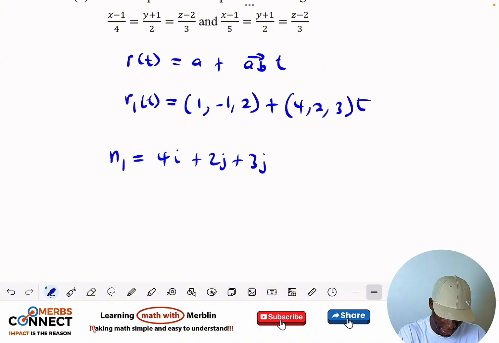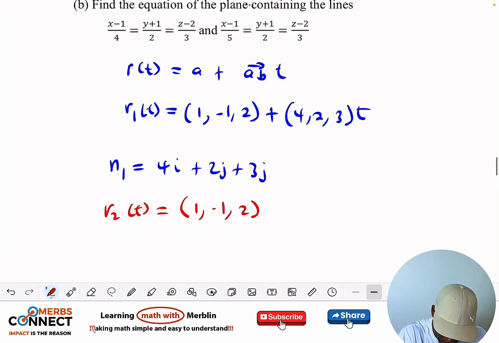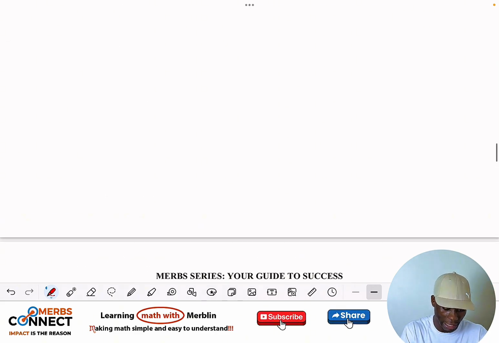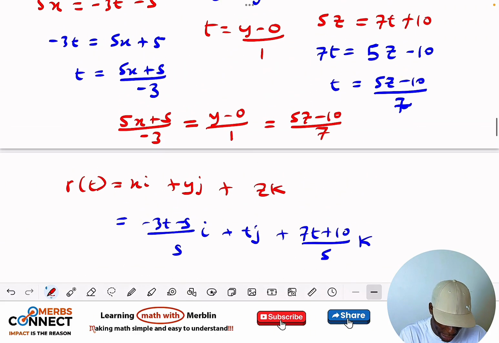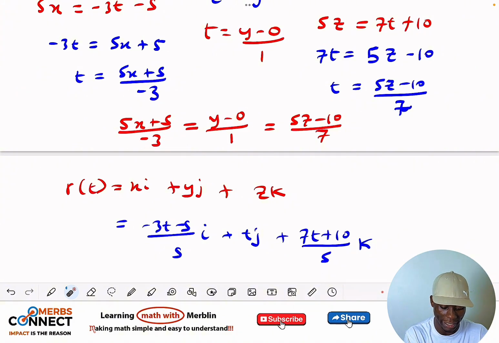Then same thing for the second one. Let me call it R2 of t. This is going to give us 1, minus 1 and 2 again, and then plus 5, 2, 3 times t. If you look at the question that I was trying to solve here, you see that I maintain the minus at the denominator. I don't multiply the minus through.